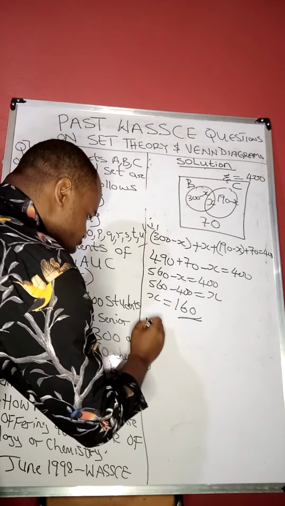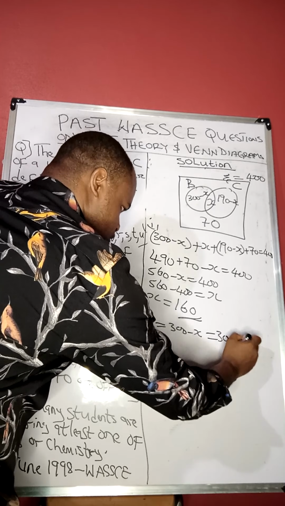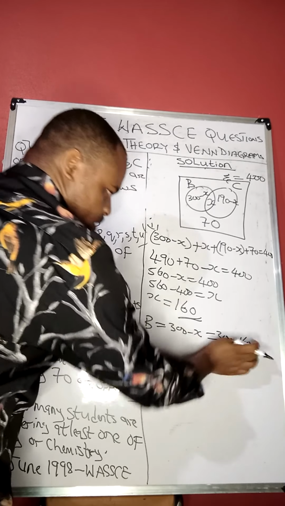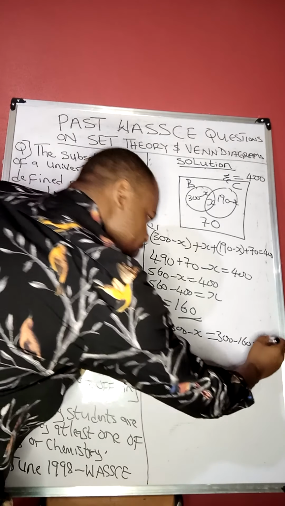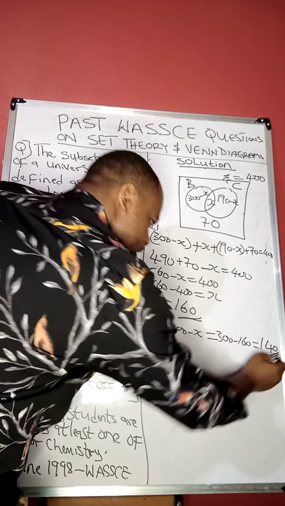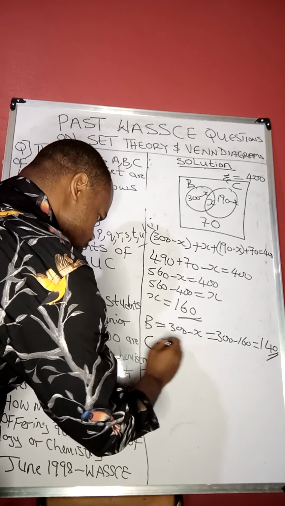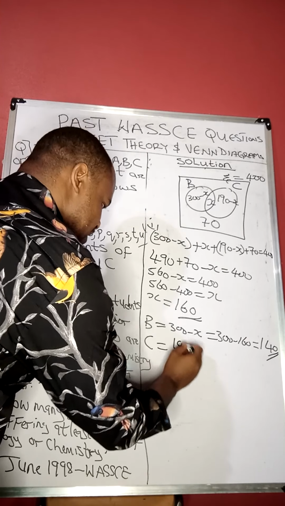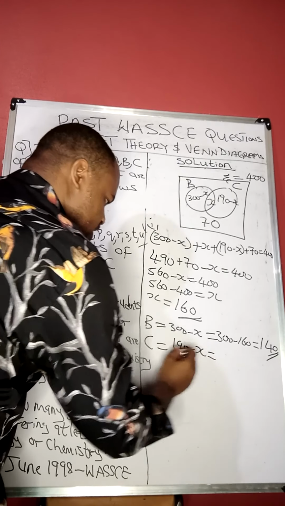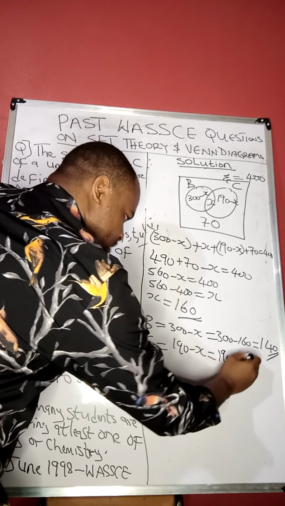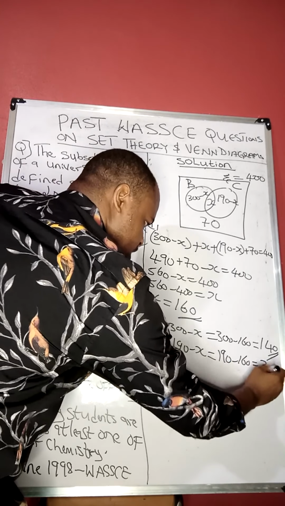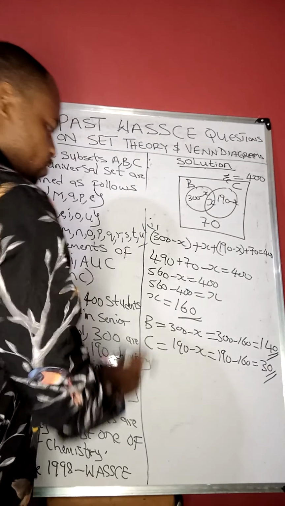My students offering only biology will be 300 minus X, which is 300 minus 160. And 300 minus 160 is 140. Then my C, those offering chemistry only, is 190 minus X, which is 190 minus 160, which is 30. So now I've gotten B and C.